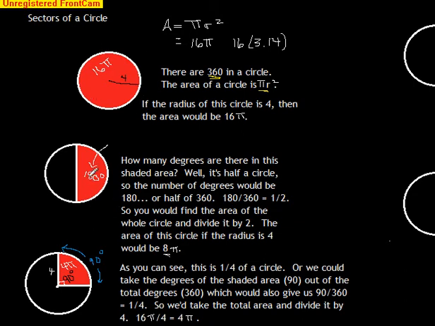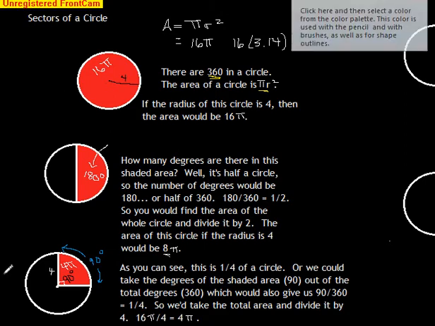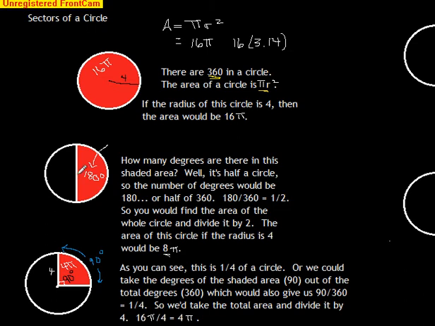If we want to find the area of half a circle, we're working our way down to doing a little sector. We're getting smaller and smaller. Half a circle, well, you would say, duh, half of 16 pi, so if the radius is 4, half of that would be 8 pi.